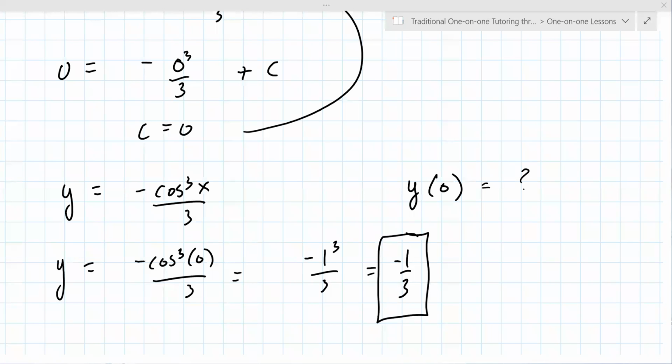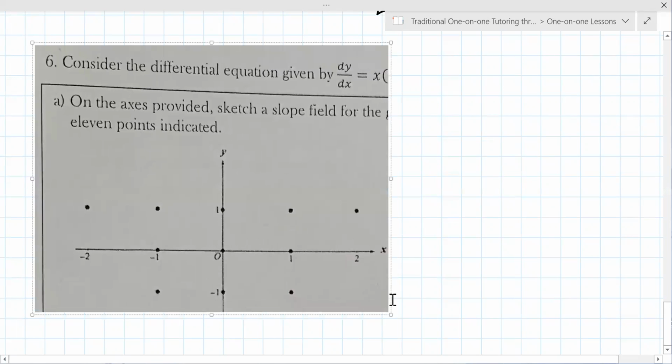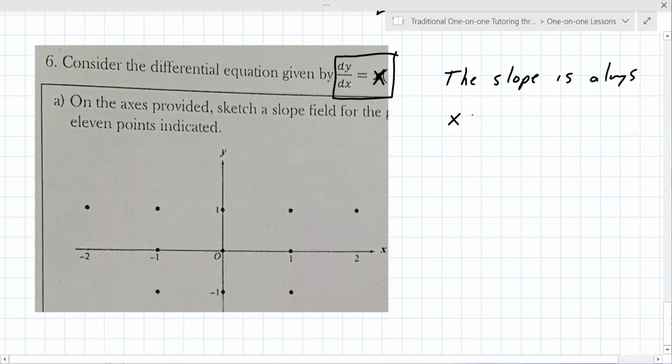This is what I would think would be somewhat reasonable, although there are other options here: just saying that dy/dx equals x. What that means, in words, is the slope is always the x value.